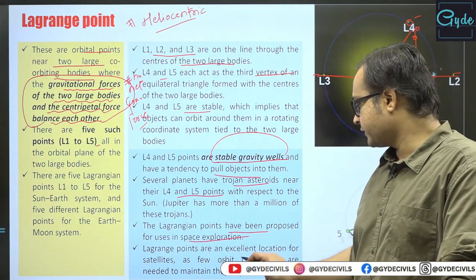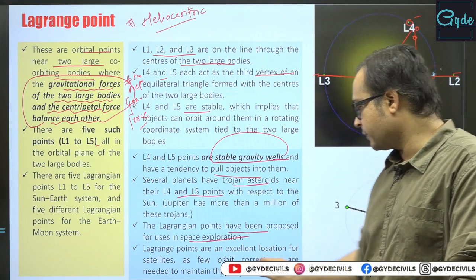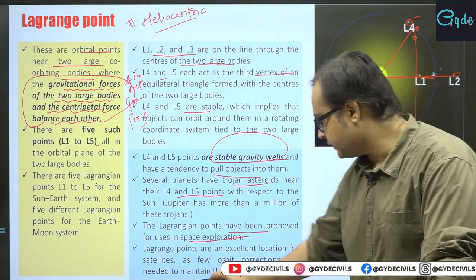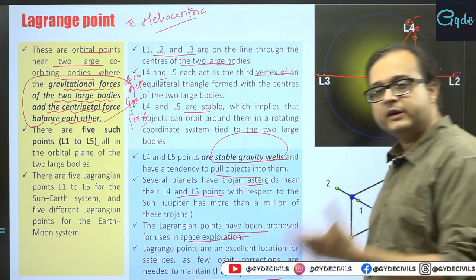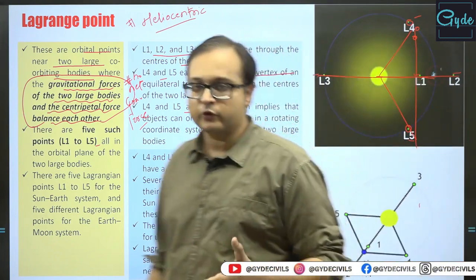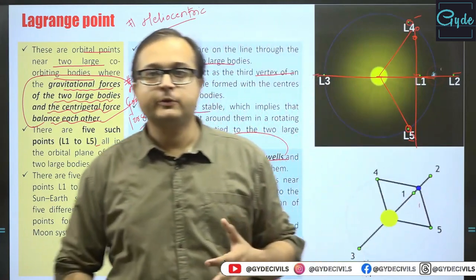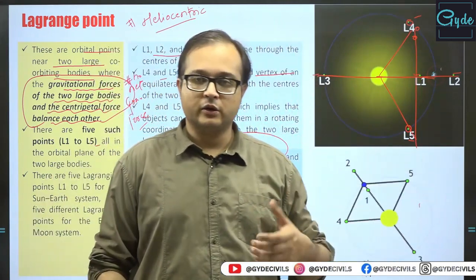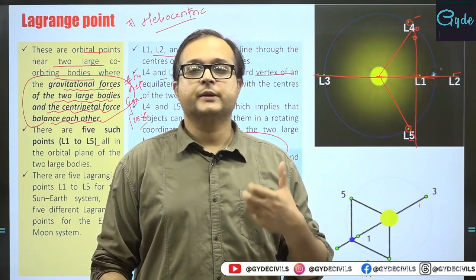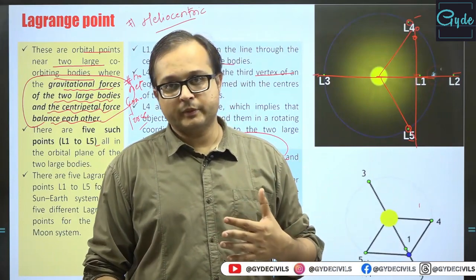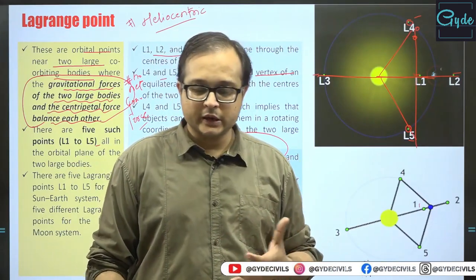Lagrange points are excellent locations for satellites as few orbit corrections are needed to maintain the desired orbit, and we can leave objects for a longer duration at these points without needing corrections in future, right? Usually, as we saw, the orbit decays or trails, and there would be problems relative to the drag created by the atmosphere.